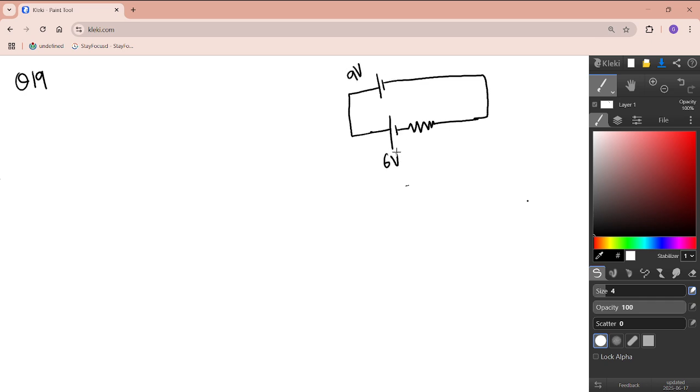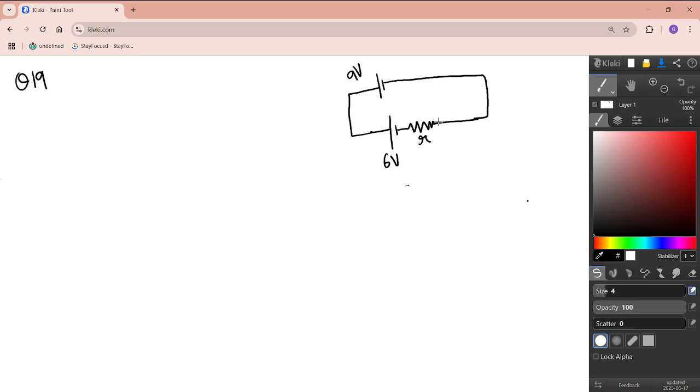This battery has in itself an electromotive force of 6 volts, and of course, we have taken the thermal energy outside. So this can be taken as an ideal battery in itself. We've taken the resistor out. There is no thermal energy being produced. Let's say the resistor has a resistance of 4.